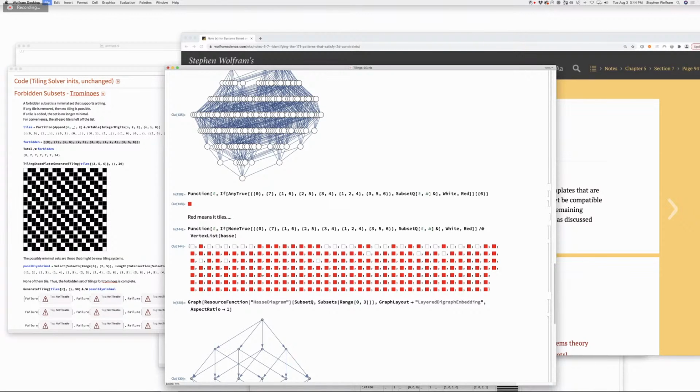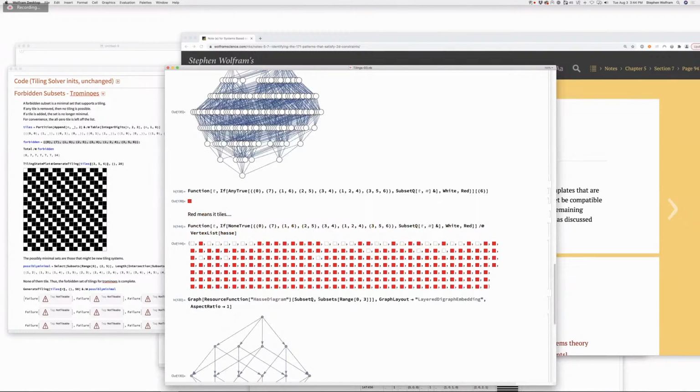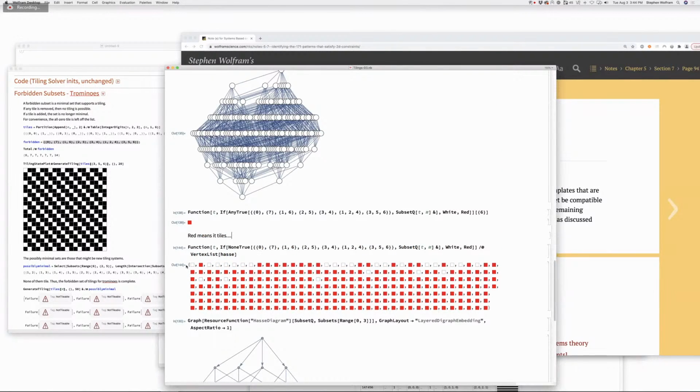Well, okay, so let's find out if that's correct. So if we're going, that's the null thing, and that's the 0 thing, I think. If we look at the vertex list of that, the first subset is going to be 0, the null list, that's 0. So this looks promising. Okay.